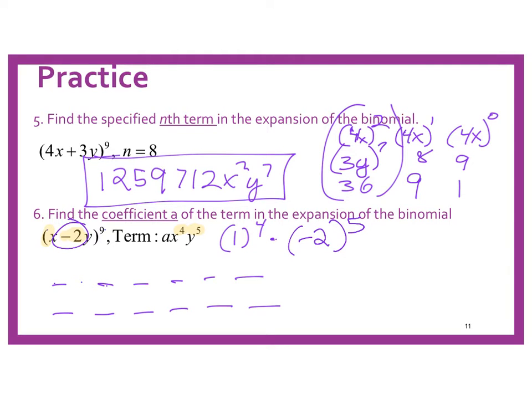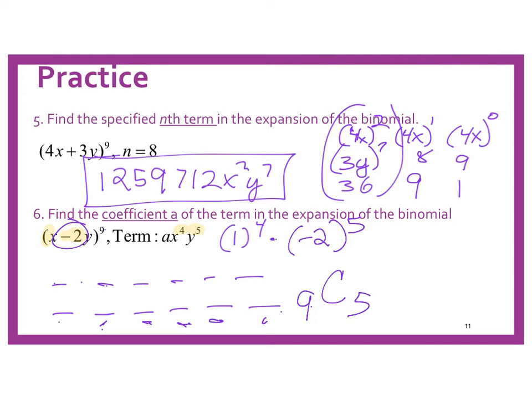Now all I need is that term. So I need the 1, 2, 3, 4, 5, 6, yeah, the 6th term over. So I can use my nCr thing to do that, right? So I have 9 altogether. 9C, and it's 0, 1, 2, 3, 4, and 5. 9C5. I can plug that in my calculator.